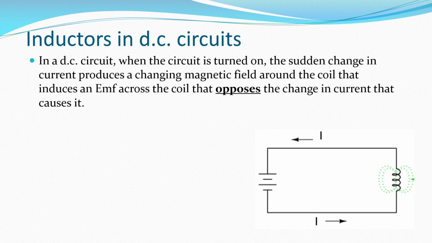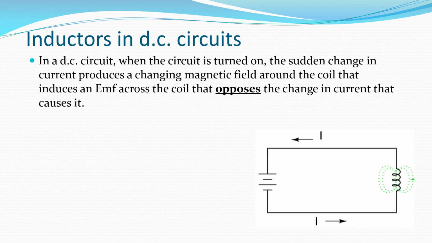So let's revise that again. We turn on the circuit. There's a quick change in the current, which causes a changing magnetic field in the coil. The changing magnetic field in the coil induces a voltage.